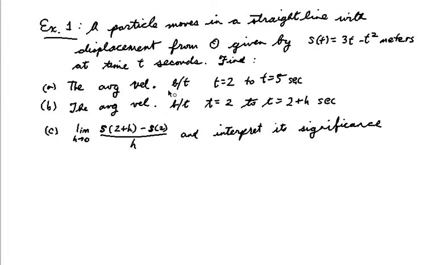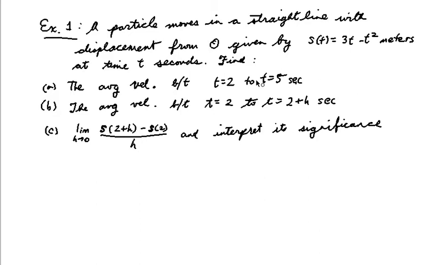What is the average velocity between time 2 seconds and time 5 seconds? What's the average velocity between the point where time is 2 and the point where time is 2 plus h? And then what is the limit of this expression, and what does it mean?